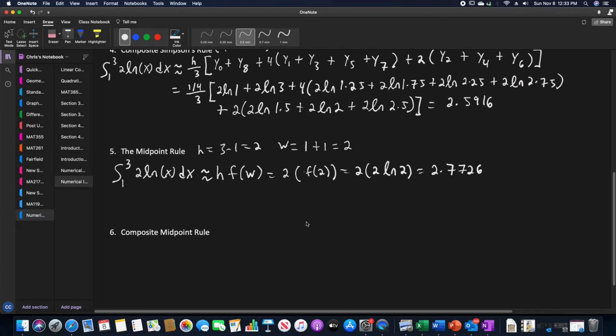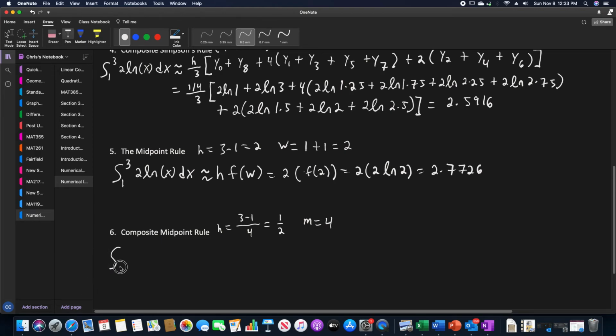For the composite midpoint rule, this one's going to use an h of 3 minus 1 divided by 4. So 1/2. And again, we are going to be using 4 of these midpoints. Hence where this comes from.